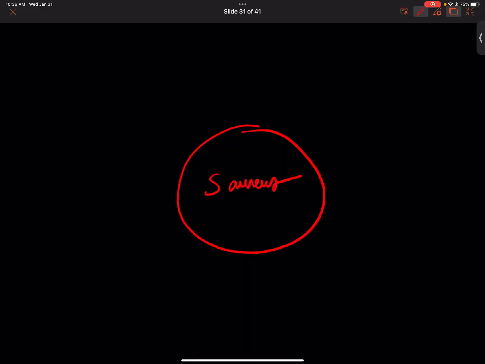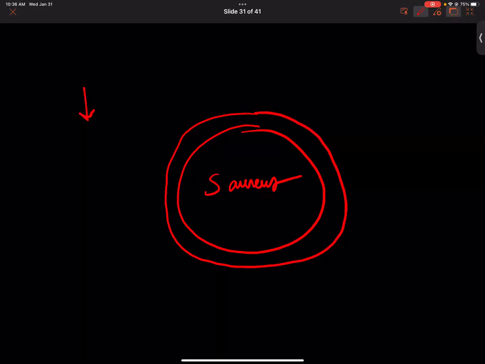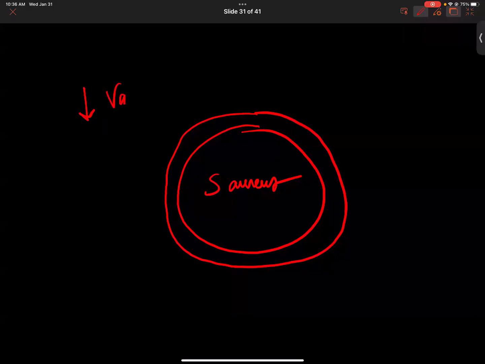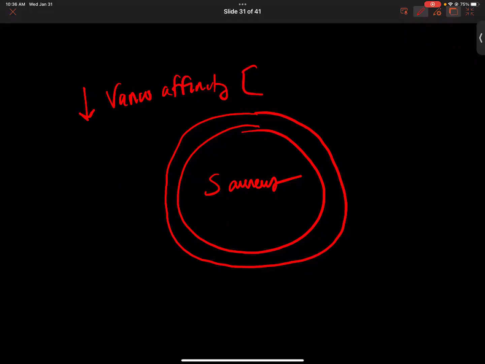What's going on with Staph aureus and its cell wall that decreases vanco affinity, lending to an increased MIC?